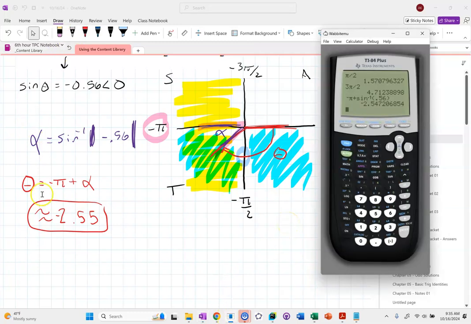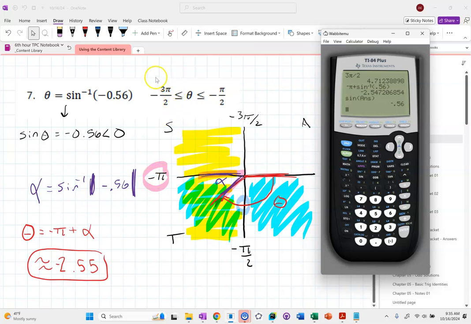Now to check that, I'm just going to do sine of negative 2.55 and see if I get negative 0.56 back. I do. And then I'm going to make sure that negative 2.55 is in between negative 3 pi over 2 and negative 1 pi over 2.